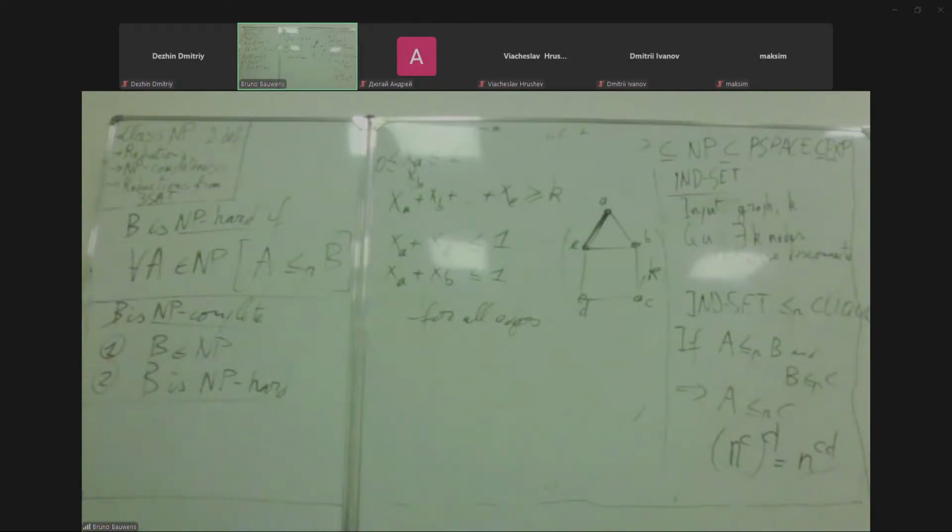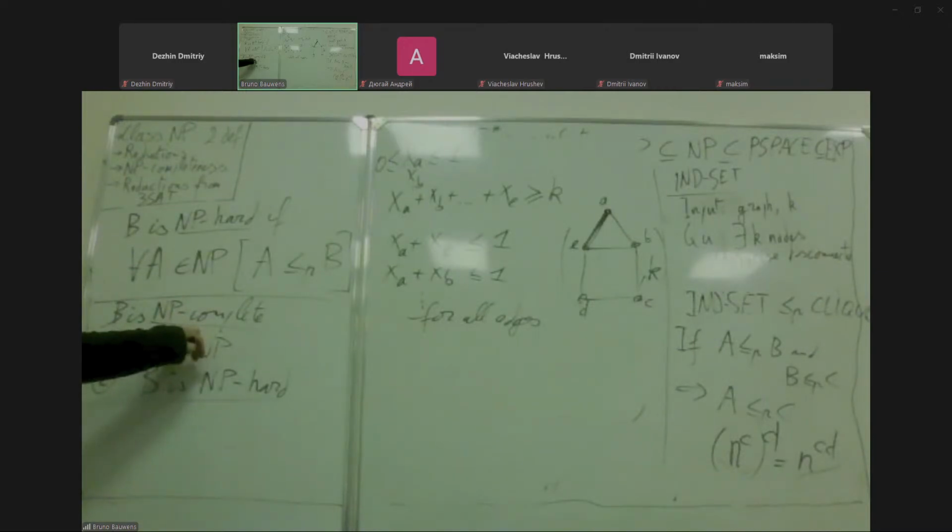Okay, so questions? All the languages we have discussed, all examples there, are NP-complete problems, except for Diophantine, which is undecidable. How can we prove that a language is NP-complete?